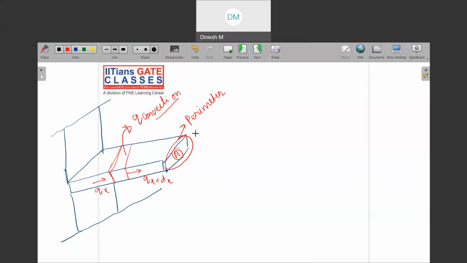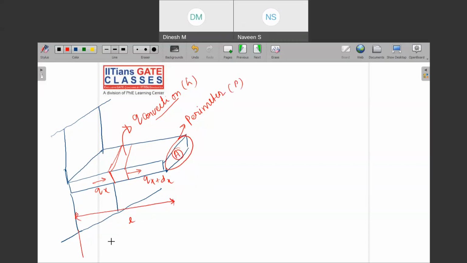Okay, so this is perimeter, here your q convection, and let us say that convection heat transfer coefficient is h, and your perimeter, let us say this is P, your cross sectional area is A, and this is the length of fin, let us say this value is L. And now I am deciding that what are the changes I am going to feel. So let us say that you have started your journey from x is equal to 0.